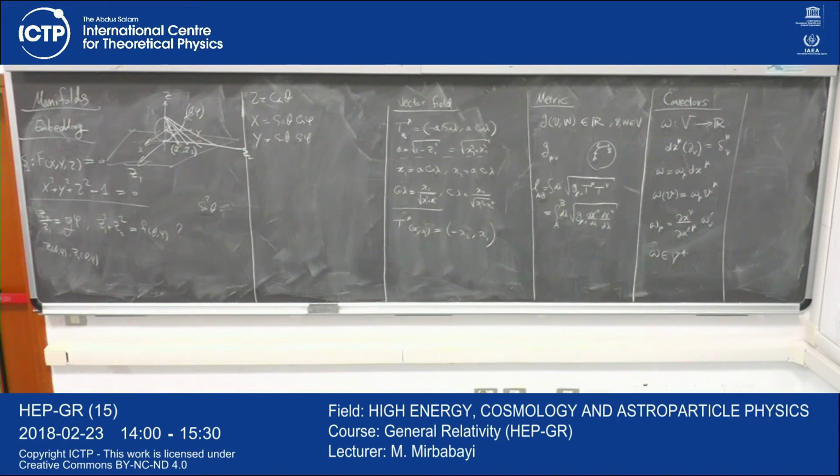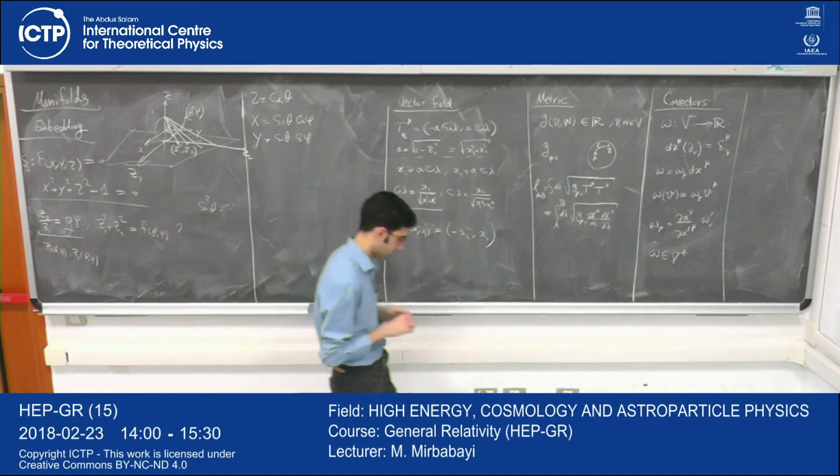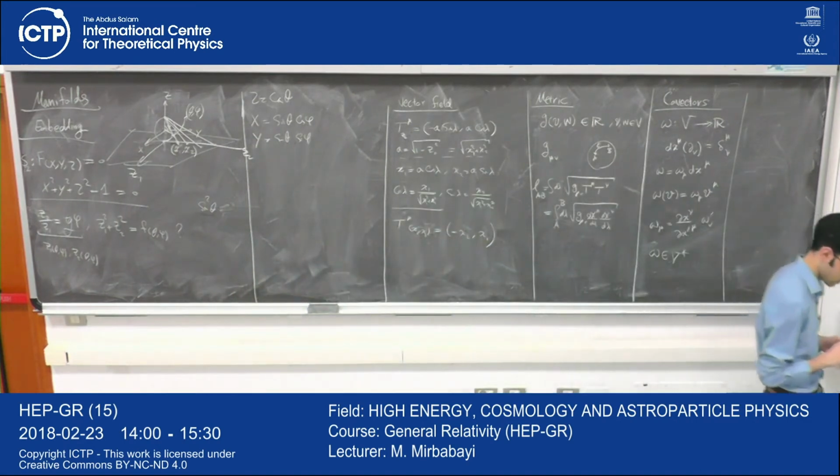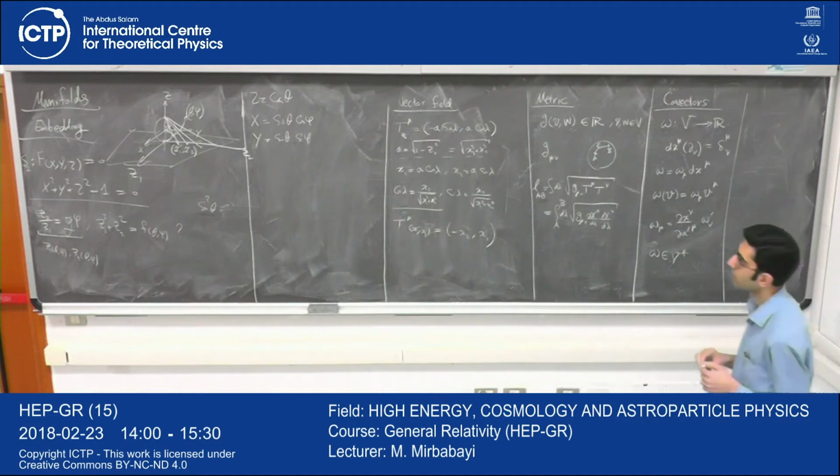Z1 is parallel to the x-axis and Z2 is parallel to the y-axis. That's why we had this relation. And X, Y, and Z are defined at the center of the sphere. Yeah. Okay.